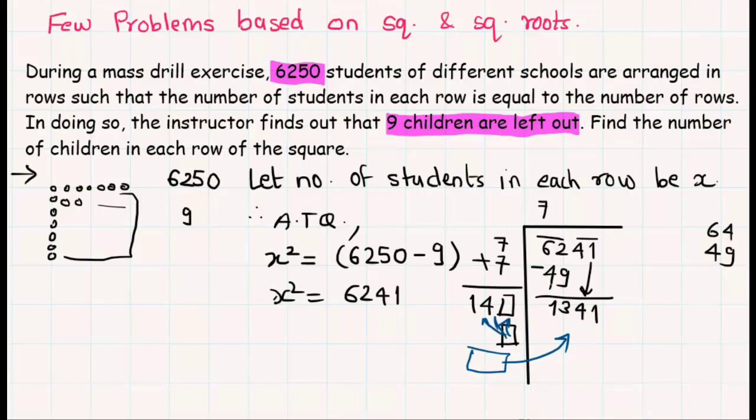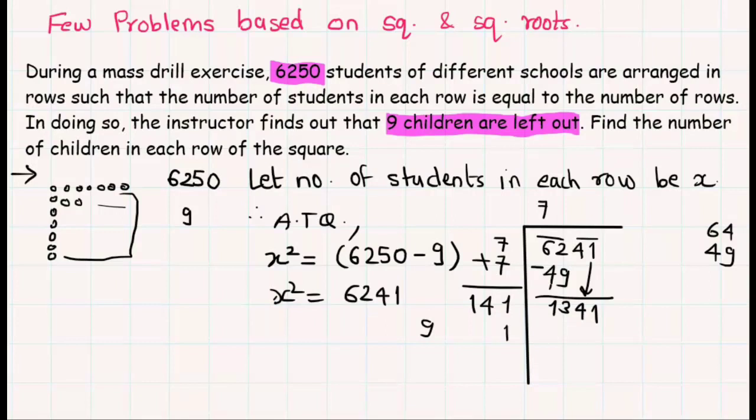So let's do that. We find this digit here now. It's 1 here in the unit place, so the number can be either 1 or 9. 9 9s are 81. Right? So with 1 it's not equal.